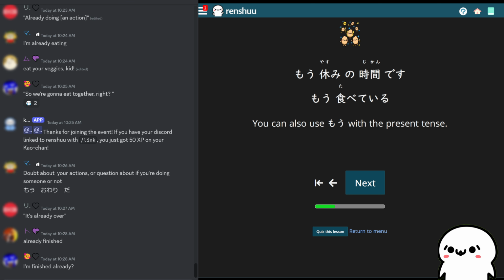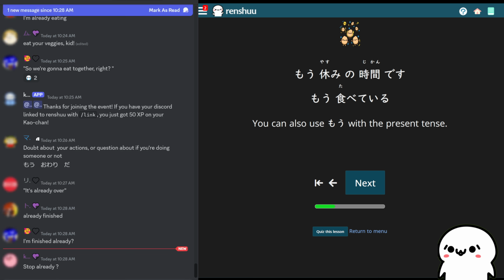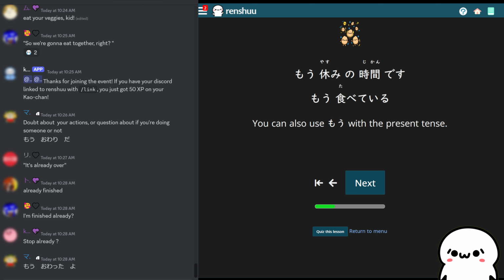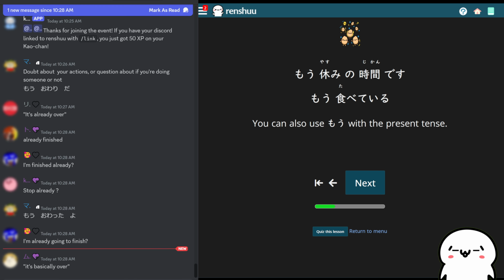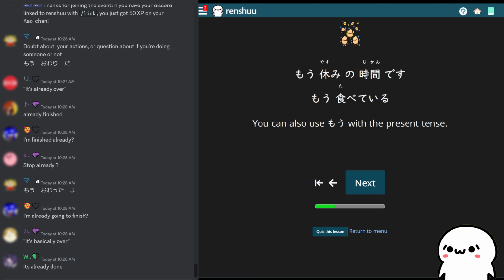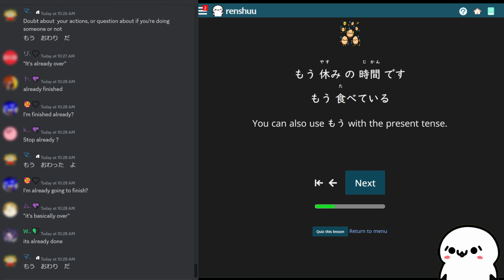For example, oh, I wanted to see the movie. Has it started yet? And someone says, mo owatta yo. That's using past tense because the action's already done. If you are saying mo owari da, though, it is not done. We're still present tense. It's not done, but you're basically at that step of it being over.